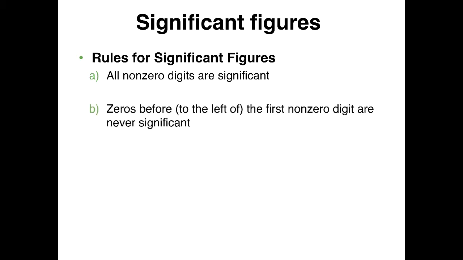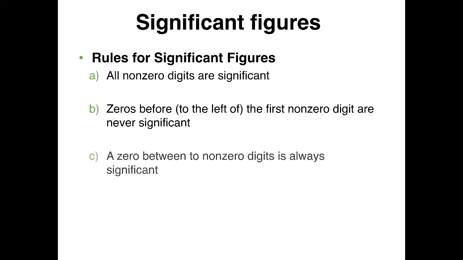Zeros before, that is to the left of the first non-zero digit, are never significant. What that means is that zeros to the left of a non-zero digit are generally placeholders. And if they're placeholders, they're not going to be significant. Zeros between two non-zero numbers are always significant.